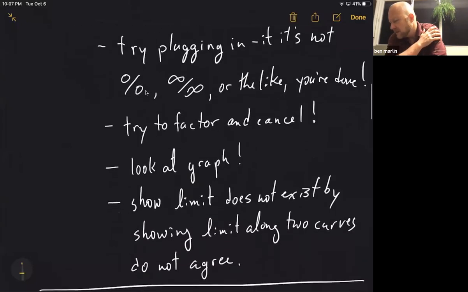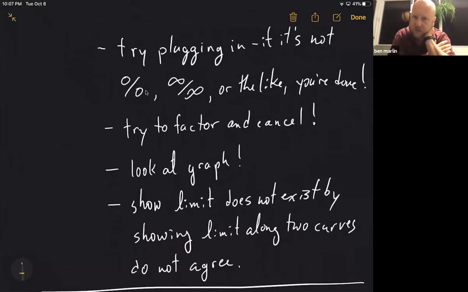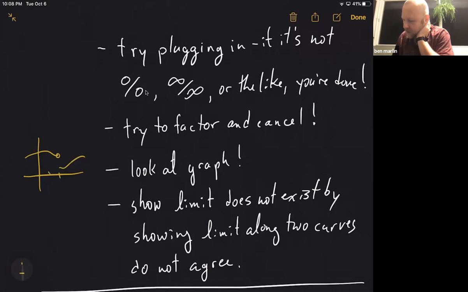Then this last bit here is the part where a Calc 3 limit is different than a Calc 1 limit. When we talked about limits in Calc 1, we might have a function that did something like this, and the idea was that you could look at your limit from the left and your limit from the right and see that you got different values for those.